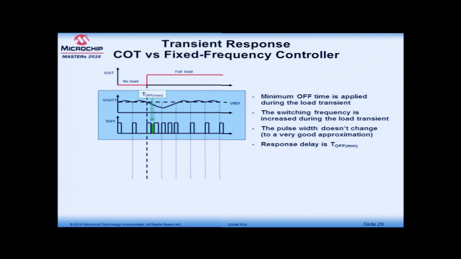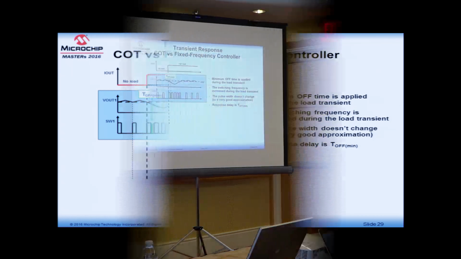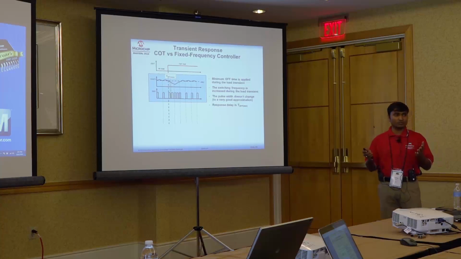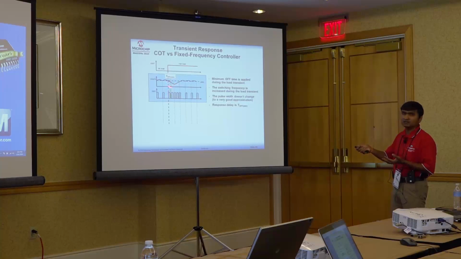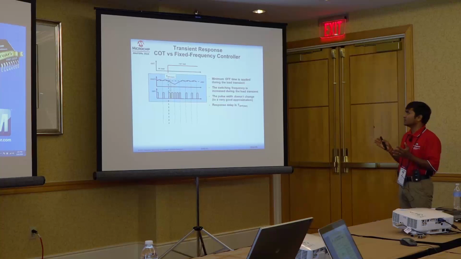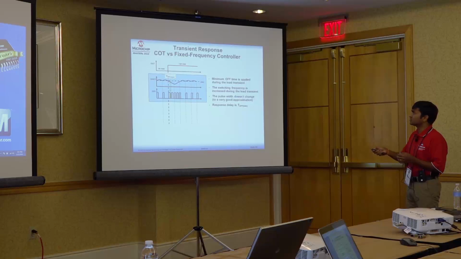Because of this, the switching frequency is increased during the load transient, and pulse width does not change, because your input and output voltages did not change. Output voltage is changing a little bit, but not much. So, the pulse width is still within the approximation window, and the response delay is only T off, which is 200 nanoseconds.